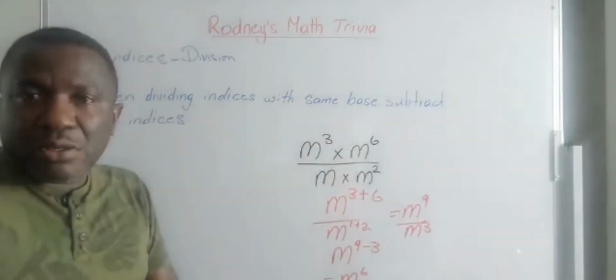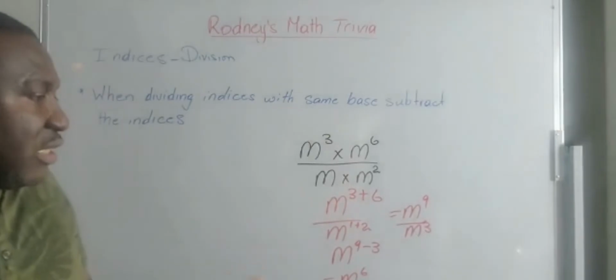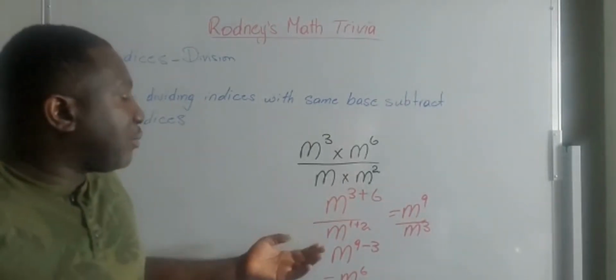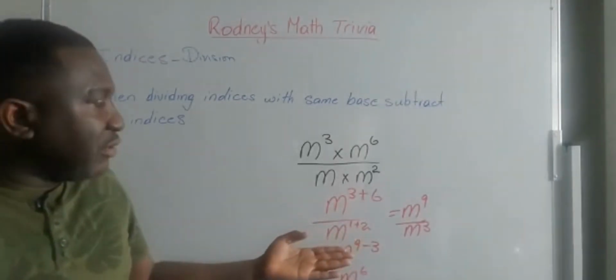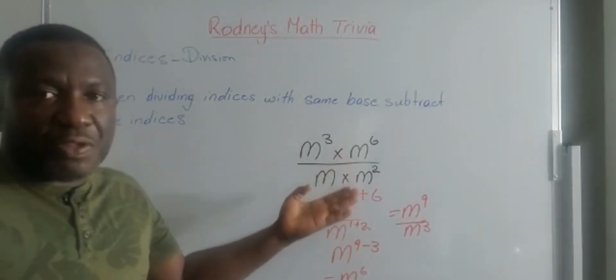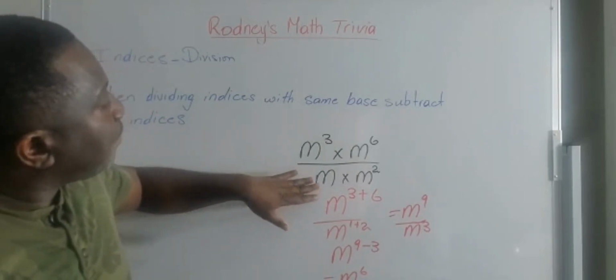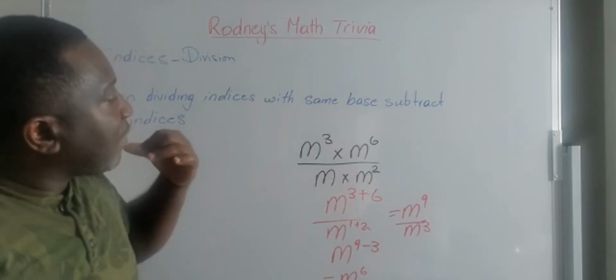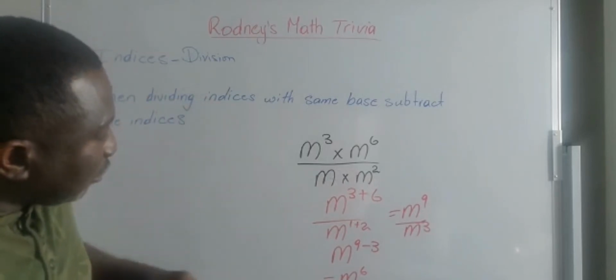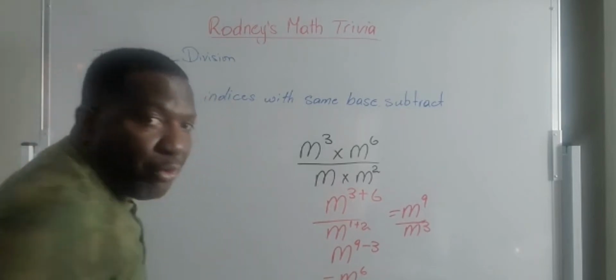In division, the base being the same, we have to subtract the indices. In other words, we subtract the index of the denominator from that of the numerator. In this case, as you can see, we are using the letter m as the base. So take a good look at the example on the chalkboard.